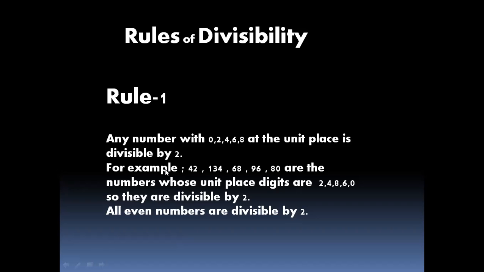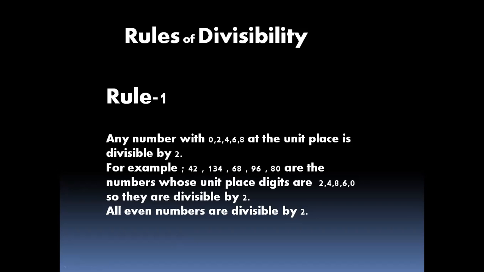For example, if you take these numbers, you can see that these numbers have 2, 4, 8, 6, and 0 at their unit places. So these are the numbers whose unit place digits are 2, 4, 8, 6, 0. So therefore they are divisible by 2.